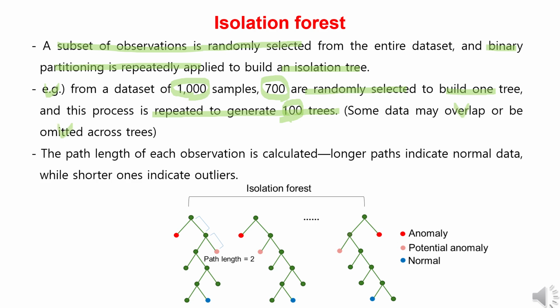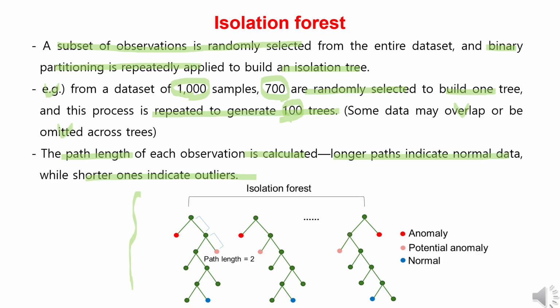For each isolation tree, the path length of each data point is calculated. Outliers are easier to isolate, requiring fewer splits, so longer path lengths indicate normal data, while shorter path lengths indicate outliers. The figure below visually illustrates the splitting process of the isolation forest.